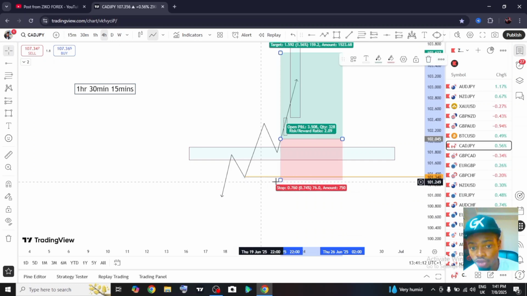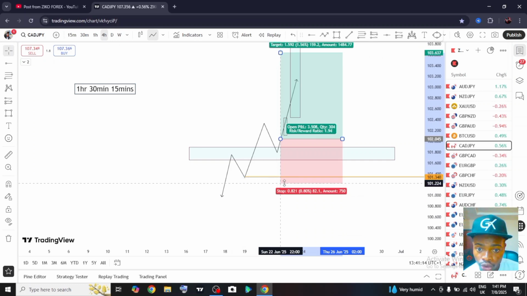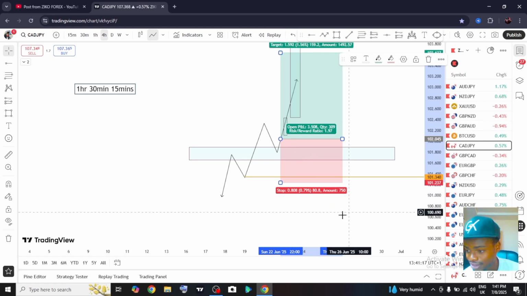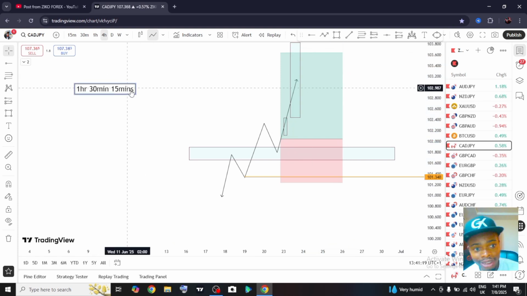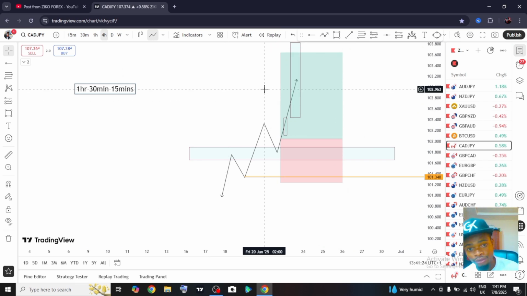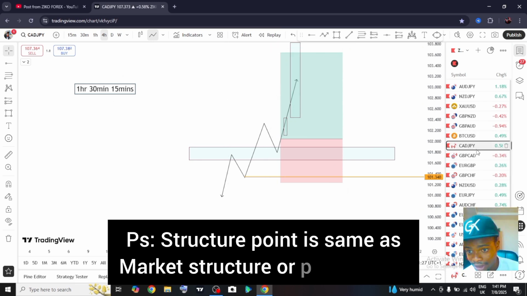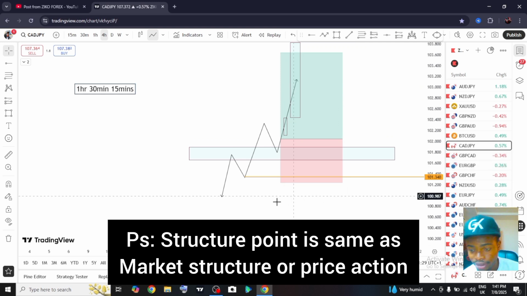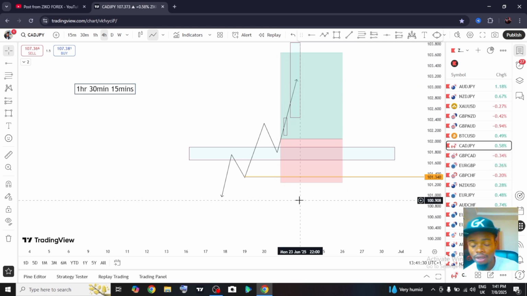I just know it's supposed to be under here, but I'm trying to look for where under exactly is the safest for me to put my structure point. And the lower time frames will actually give you more structure points so that you know where to put your stop loss, right? So I have examples on some of these pairs right here, and I'll show you how I usually do it.